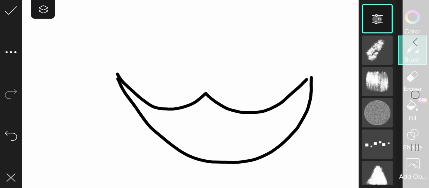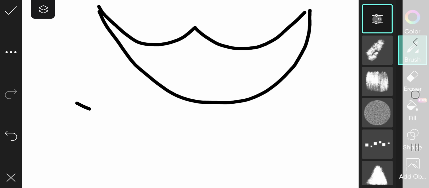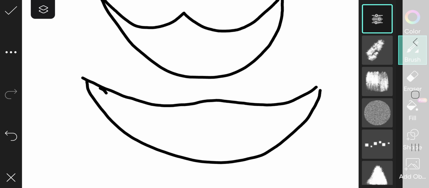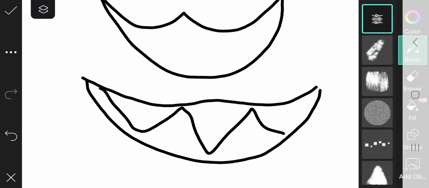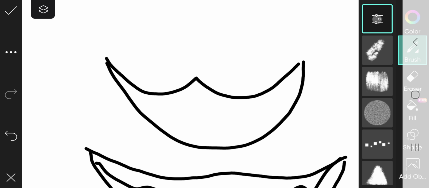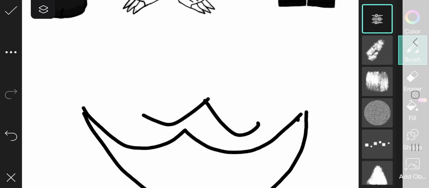This is usually how you would draw a cat's mouth. Chi-Chi's mouth is more like this. Yes, this is more like Chi-Chi's mouth if we go ahead and actually draw her teeth correctly. Chi-Chi's mouth is not up like that, like a W. It's more of just a little smooth thing like that.